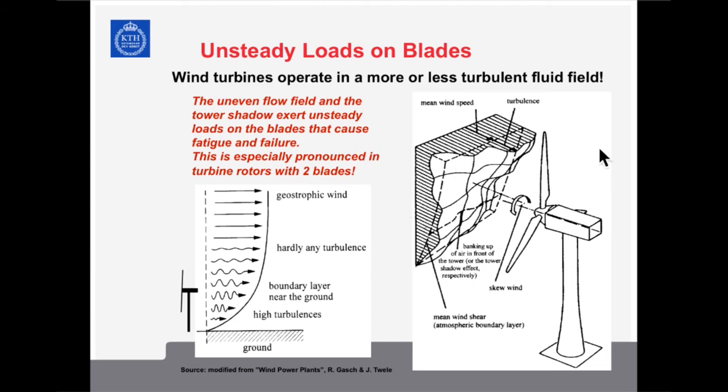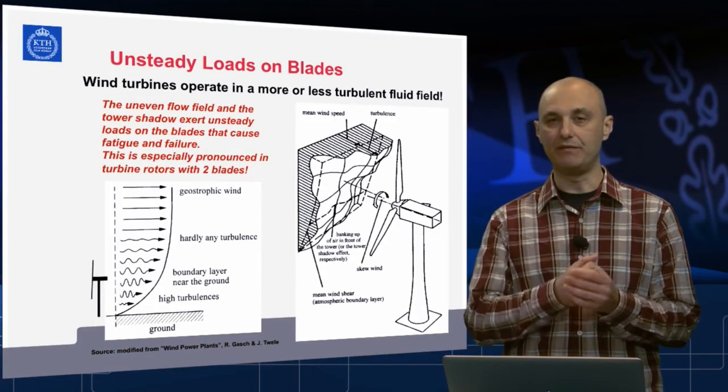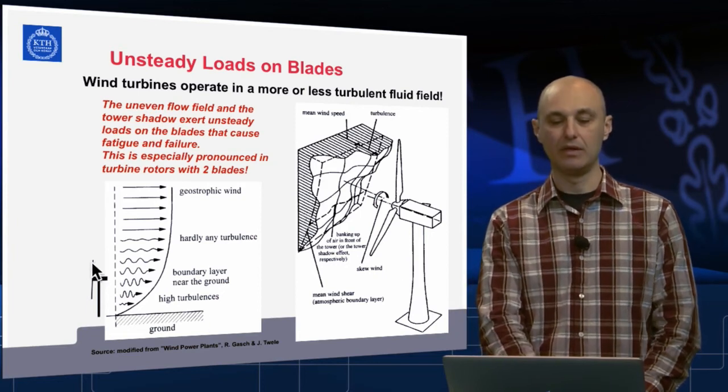So the blade here experiences a very different wind speed than the blade down there at that same moment. And regardless of how high or how big our wind turbine is, it is sitting in the boundary layer of air motion above the surface of the earth.